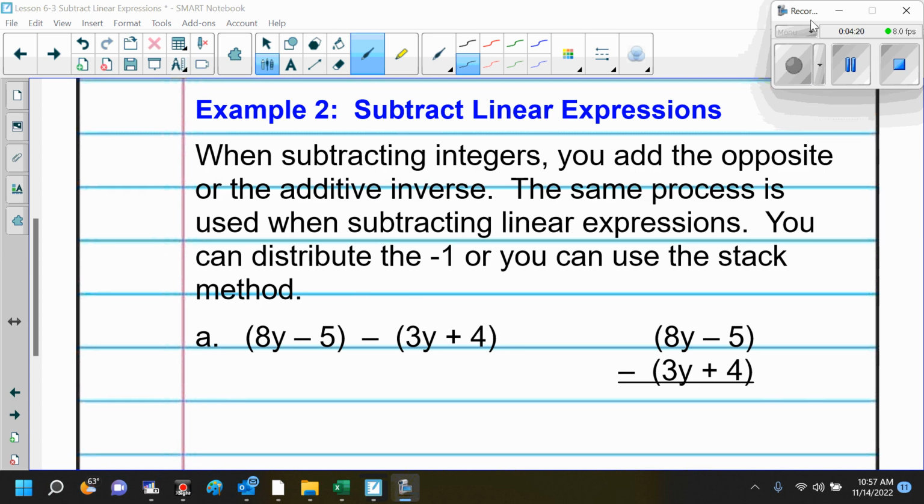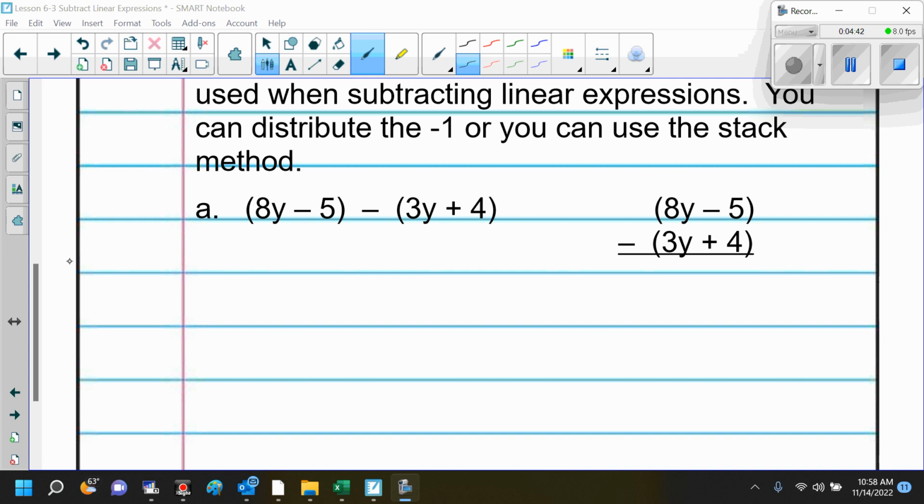All right, example 2 is again subtract linear expressions. It says, when subtracting integers, you add the opposite or the additive inverse. The same process is used when subtracting linear expressions. You can distribute the -1 or you can use the stack method.